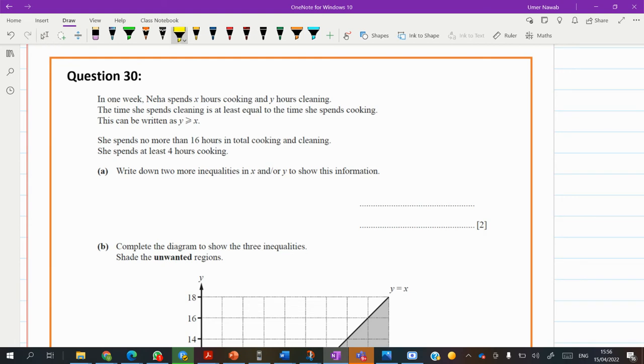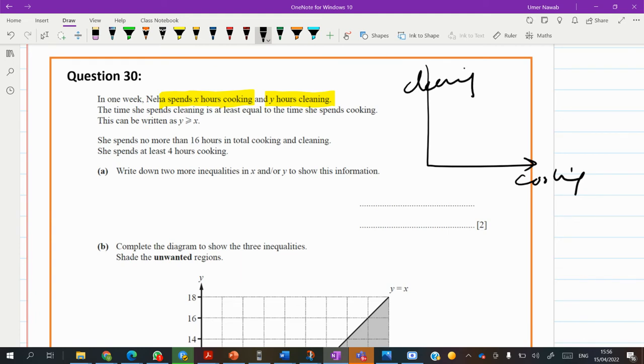He gave you Neha spends on cooking 2 categories, X hours cooking and Y hours cleaning. Such types of questions are purely linear programming, in which 2 variables are always given. So X represents cooking time on the x-axis and Y represents cleaning time on the y-axis.